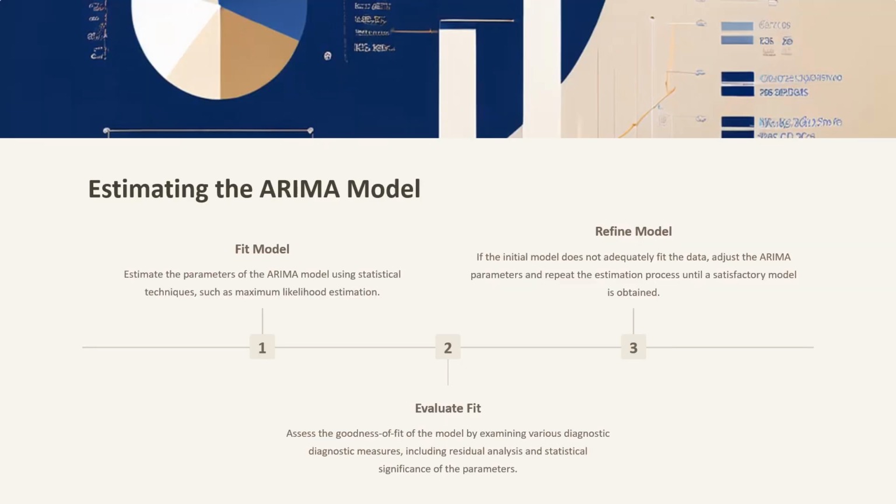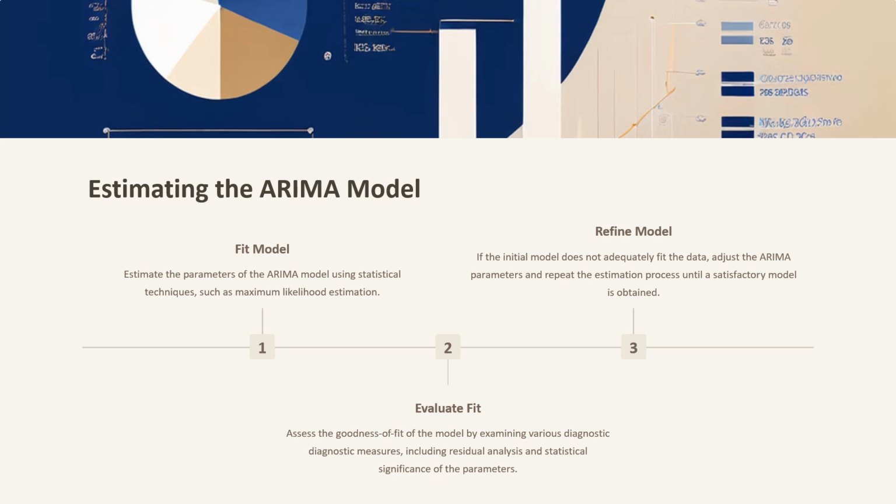Okay, in this slide, I'm going to teach about estimating the ARIMA model. Number one, fit model. Estimate the parameters of the ARIMA model using statistical techniques such as maximum likelihood estimation. Number two, evaluate fit.